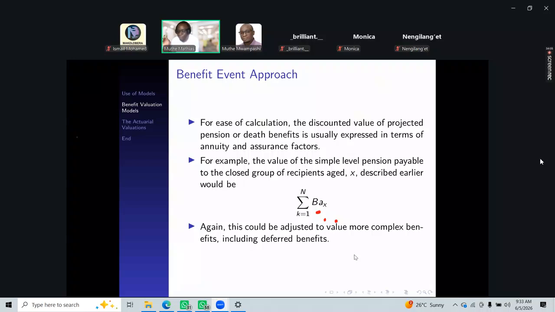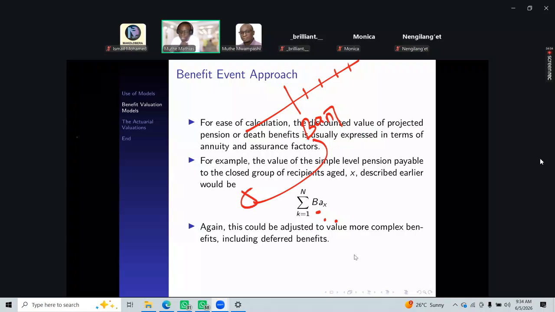Because remember, if I start paying you here, and I pay you this amount in fixed intervals, and this is the level amount, it's very easy because I simply need to take the benefits and multiply with the annuity here, and then I'm done, right? And then of course I can discount this to any point which I want, right?